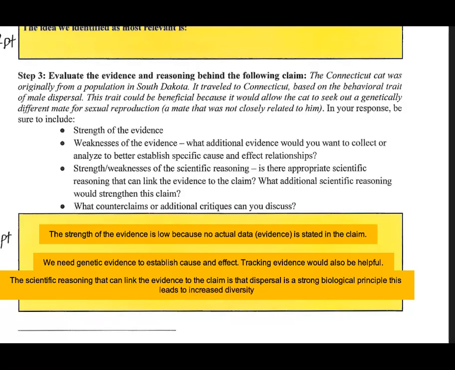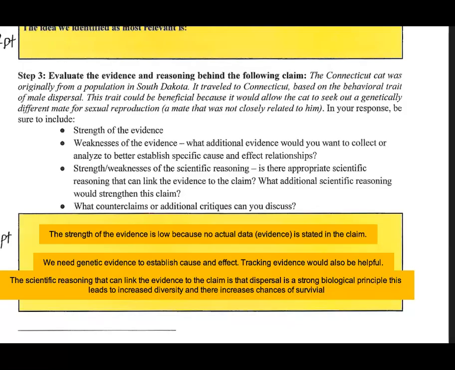Because you're now mixing genes, and therefore increases chances of survival. So by seeking out a mate that's not from his area and breeding with that female cat, you're going to increase diversity of the genes, which is going to increase chances of survival, and then passing those on to their offspring.